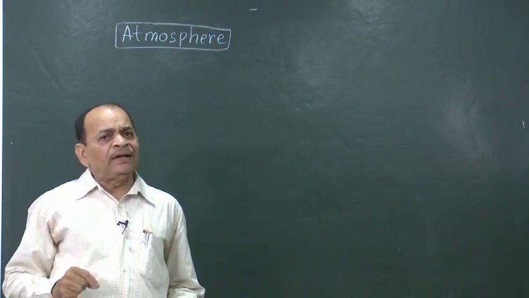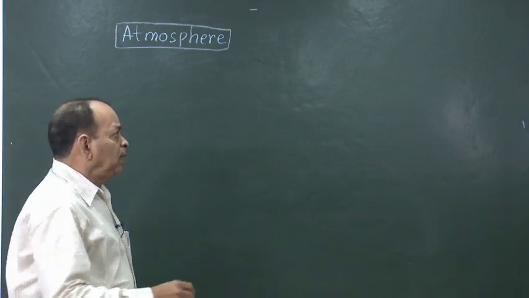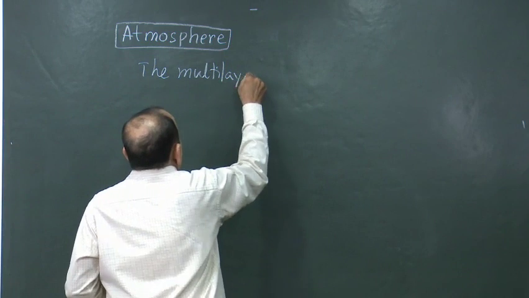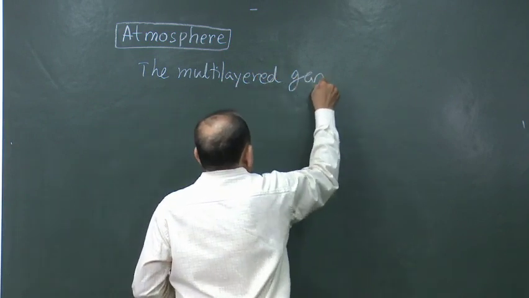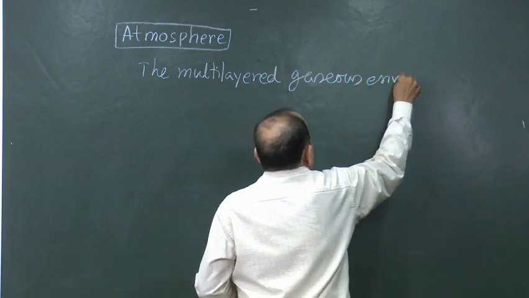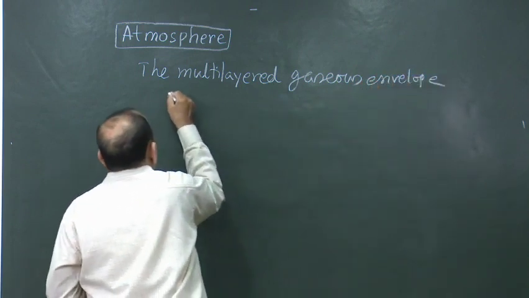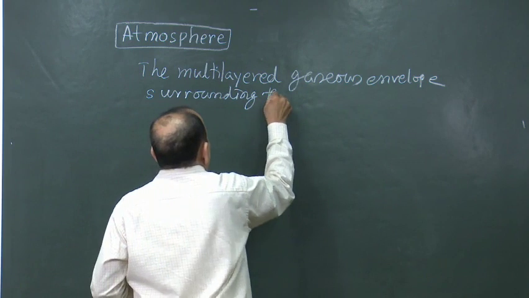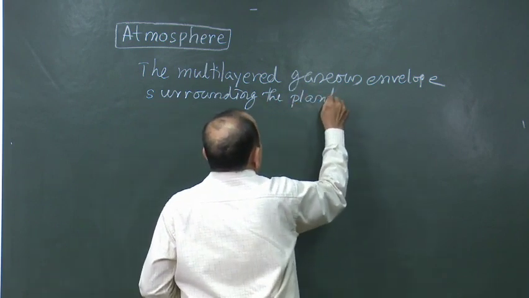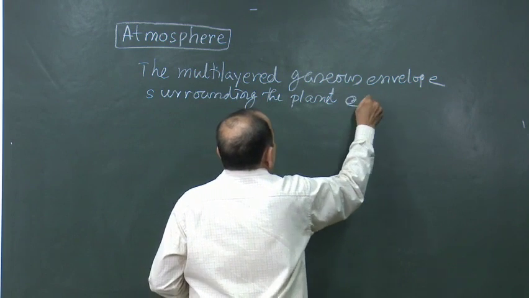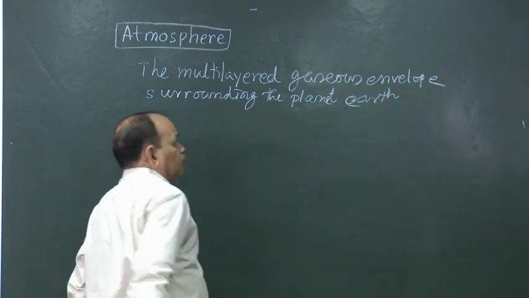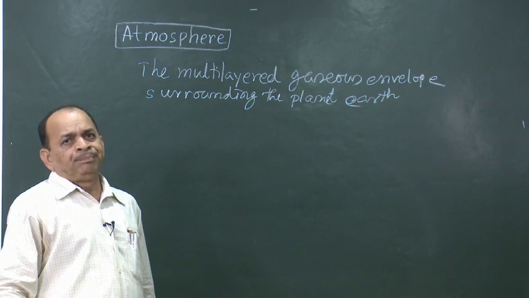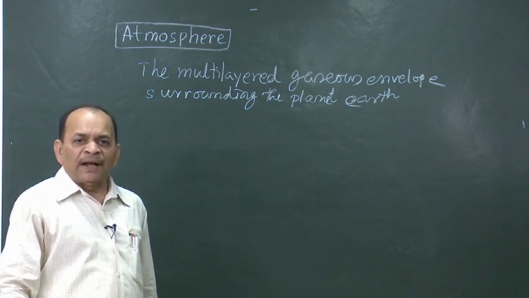The atmosphere, we can define as the multi-layered gaseous envelope surrounding the earth planet.